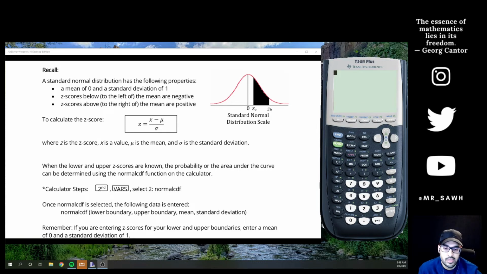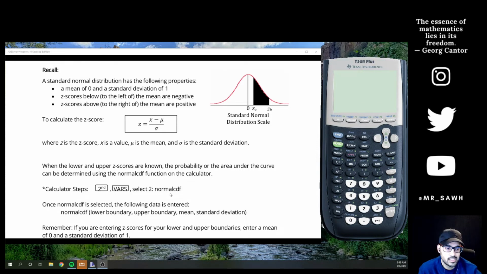So it's very similar to when we did quadratics and we defined the left and right boundaries in order to find a vertex or a zero. We can define those left and right boundaries here. There just happen to be z-scores, and the number we'll get out of this is the probability that a specific data value will lie in between those two boundary points.